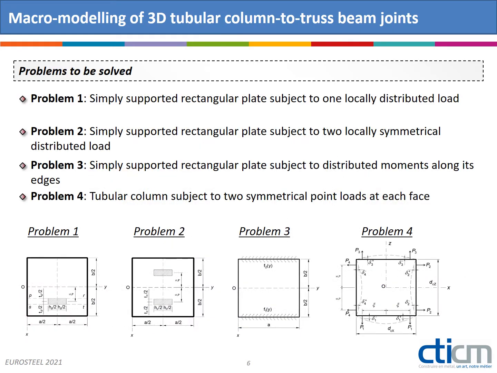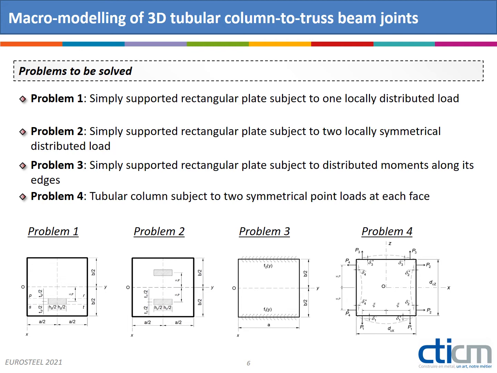In order to characterize this component of joint, we have to solve some elementary problems. Problem 1, we consider a simply supported rectangular plate subject to one locally distributed load that is transmitted from one part of the socket.